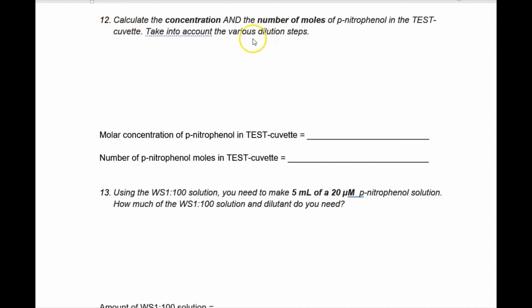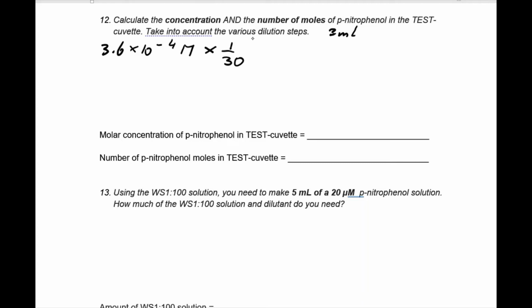Now, in this step here, we want to calculate the concentration and the number of moles in the test cuvette. So we did have 3 milliliter in the test cuvette. And so we had 3.6 times 10 to the minus 4 molar of our working solution. And we did a 1 in 30 dilution of that.